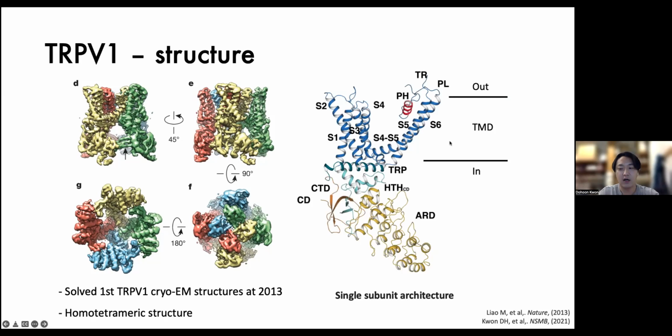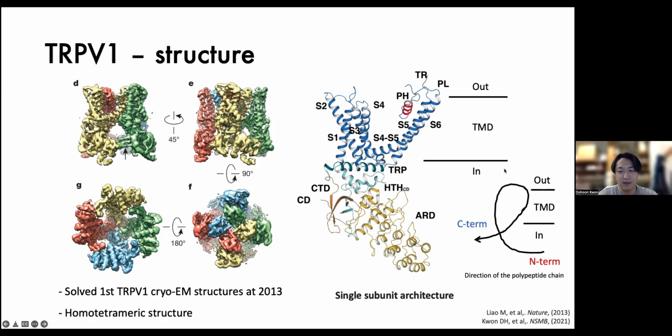And this is the architecture of a single subunit of TRPV1. This is the direction of the polypeptide chain. Here is the N-terminus, and it goes through the transmembrane domain and out to the cytoplasmic domain again. In the transmembrane domain, there are 6 helical segments, S1, 2, 3, 4, 5, 6. Among these, the S6 helix is the gate helix, and the PH and PL represent the pore helix and pore loop.